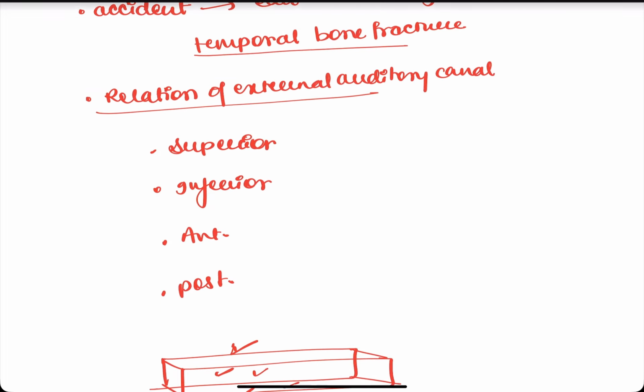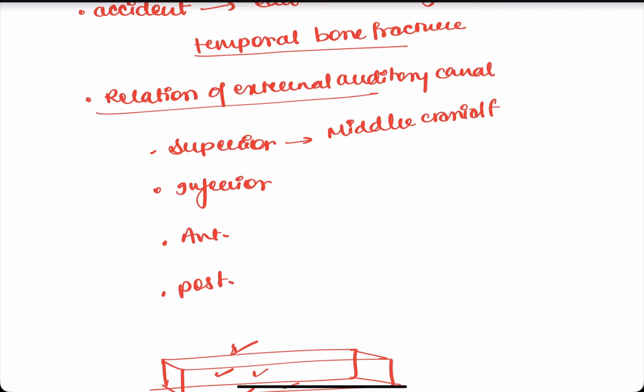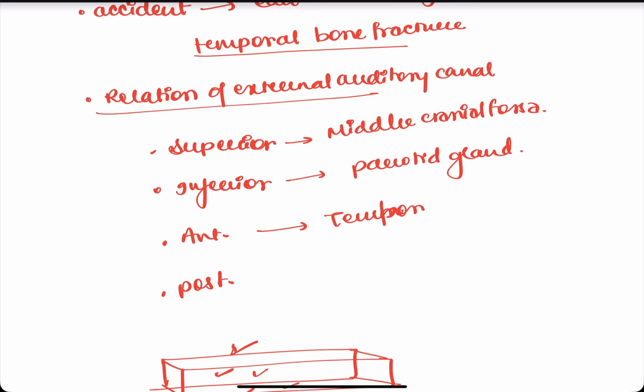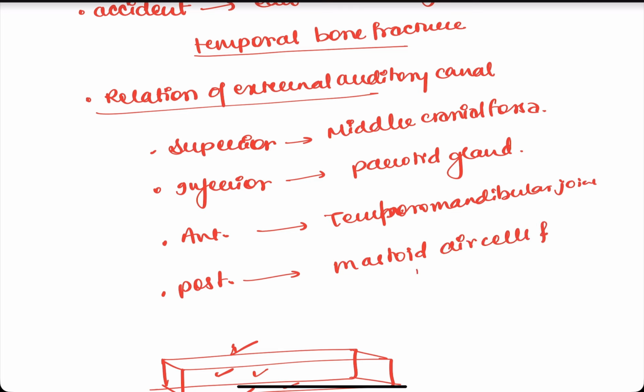Okay, so the superior margin is formed by the middle cranial fossa. The inferior margin is made from the parotid gland. The anterior margin is formed from the temporomandibular joint. And the posterior part is made from the mastoid air cells and our facial nerve.